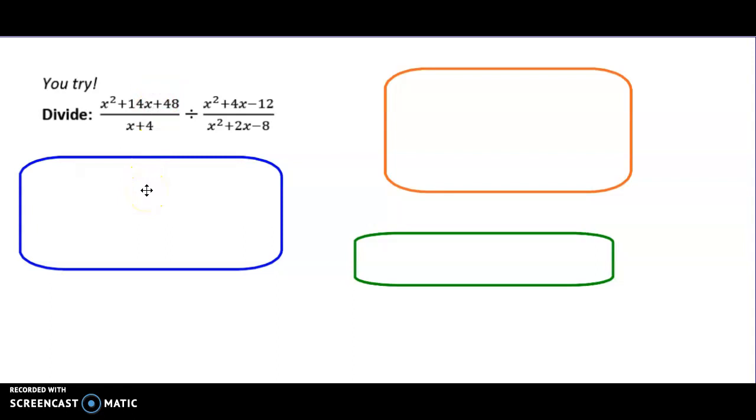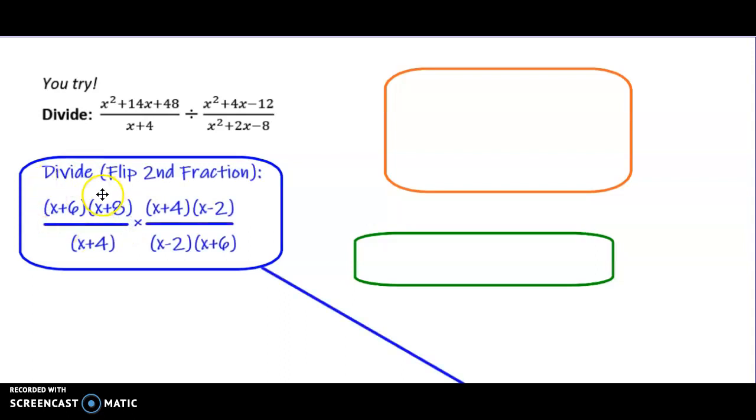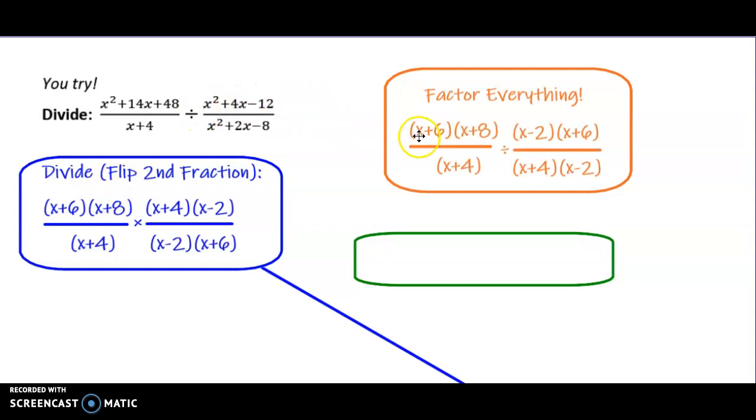Okay, so when I factor all of my problems, I get x plus 6 times x plus 8 over x plus 4, divided by x minus 2 times x plus 6 over x plus 4 times x minus 2.